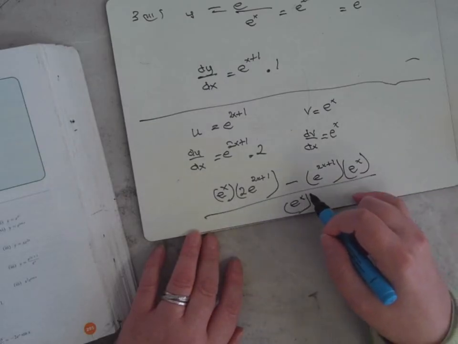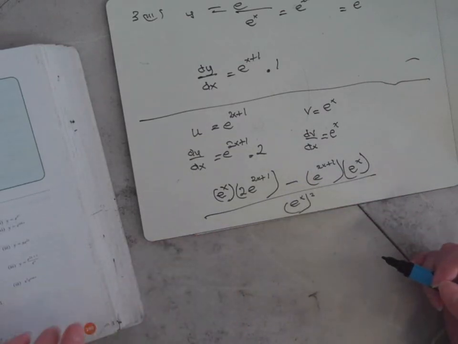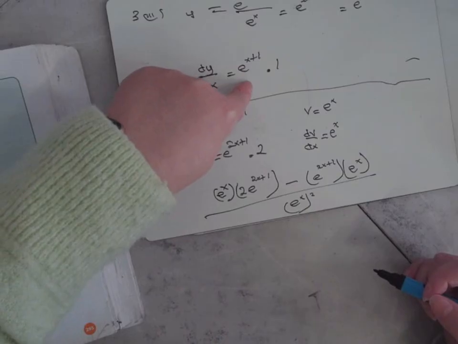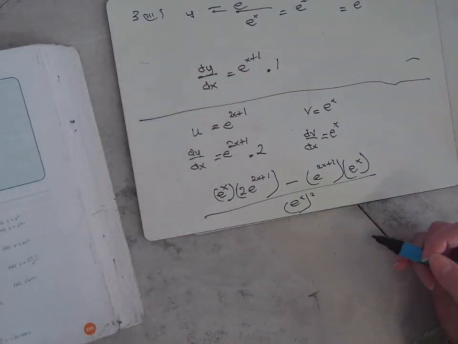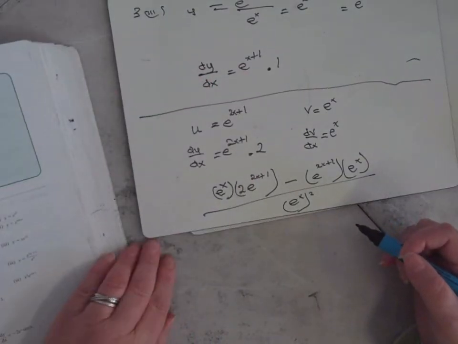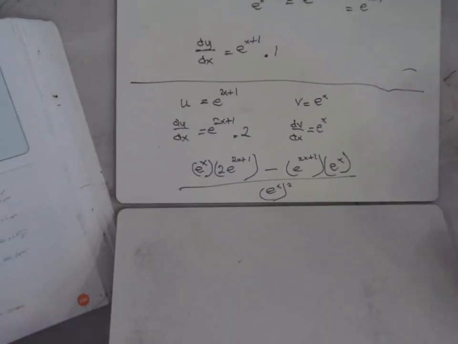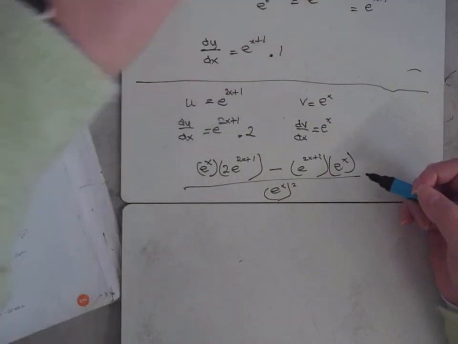I told you not to bother simplifying that, but I just want to prove that this is the right answer up here. If I was in an exam situation, that's my answer. Full marks, done, unless they actually say the word simplify.